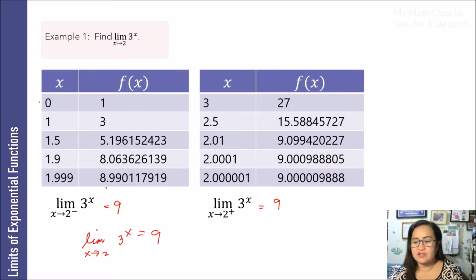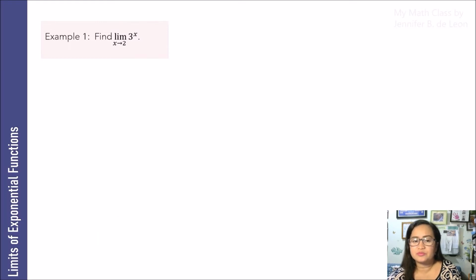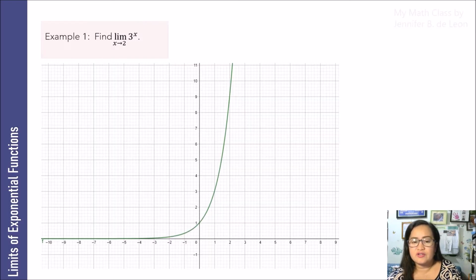Okay, did you get that? Let's have another example. Or probably we can confirm using the graph. Using the graph of 3 raised to x, we notice that the y-intercept is at 1. Now, the value at which x is approaching is 2. So here is the point.